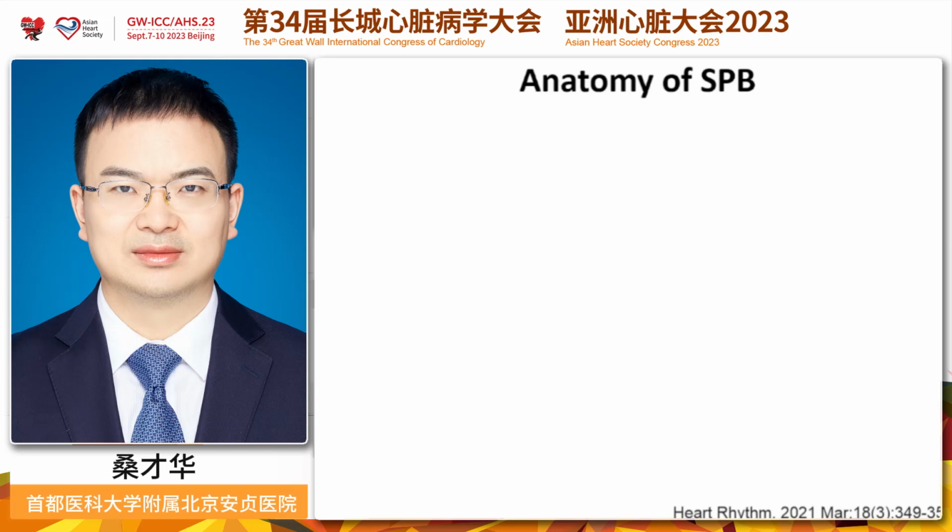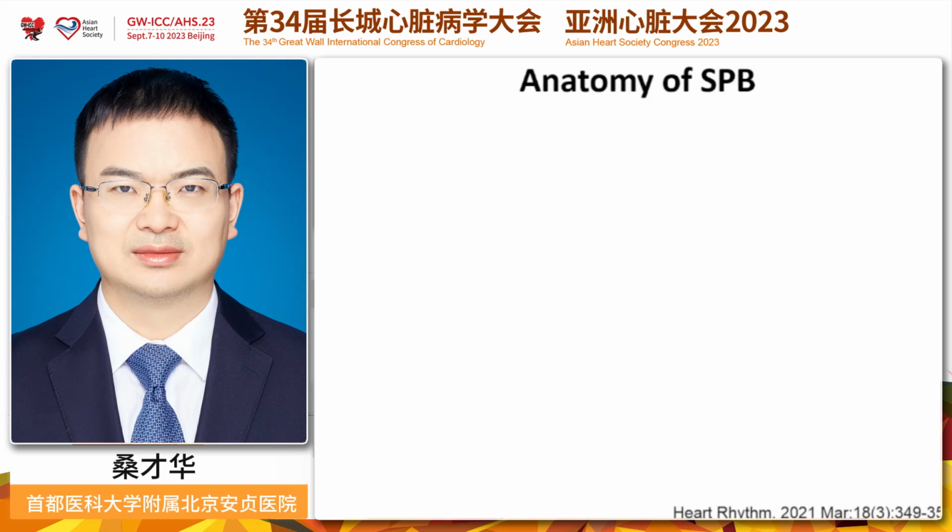Between SPB and SAB is a layer of adipose tissue. So when we do roof line ablation, it is easy to realize conduction block.